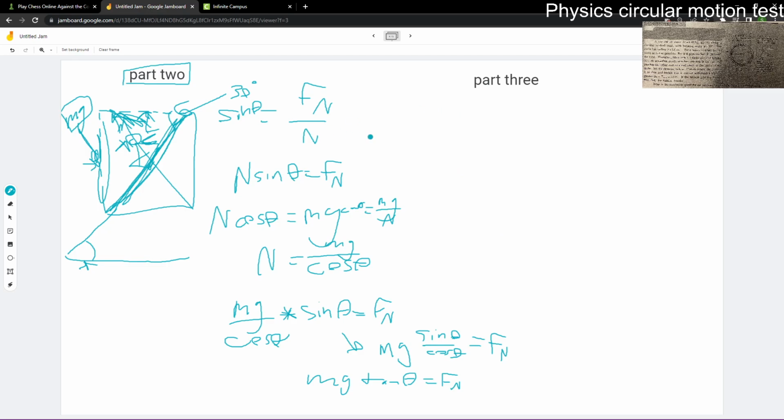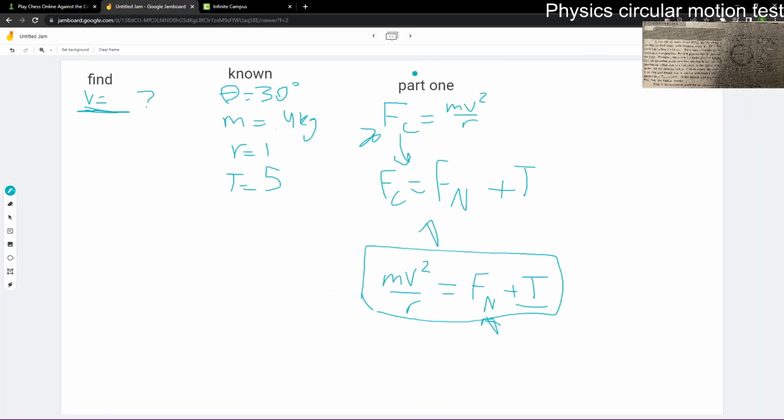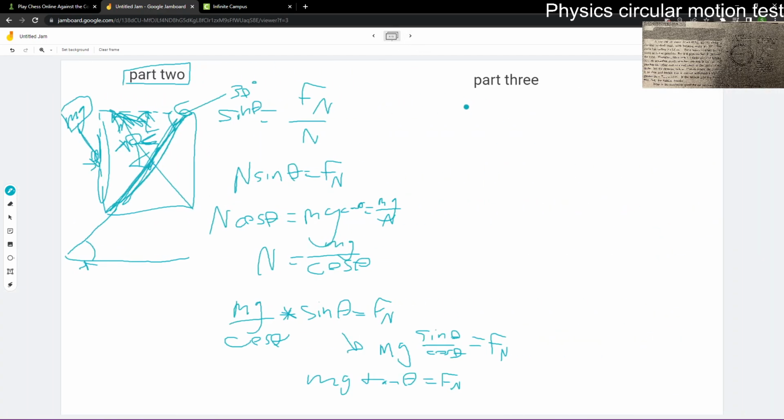In this final part, all we're doing is combining. We have this function and the other function, and now we have the normal force. So mv squared over r equals the normal force, which is now our new expression, mg tan theta, and then we add tension, as we did earlier.